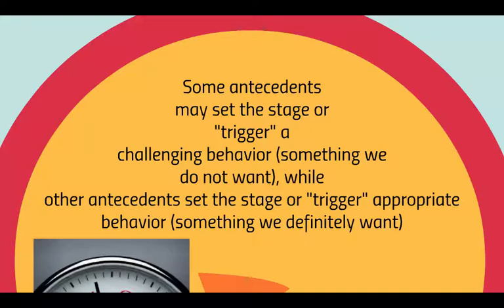This is something we don't want. So an antecedent can be presented, and it can trigger challenging behavior or aberrant behavior. While other antecedents, such as the ones I just talked about, the word Google, the three letters ATM, those antecedents set the stage or trigger appropriate behavior, something we definitely want.